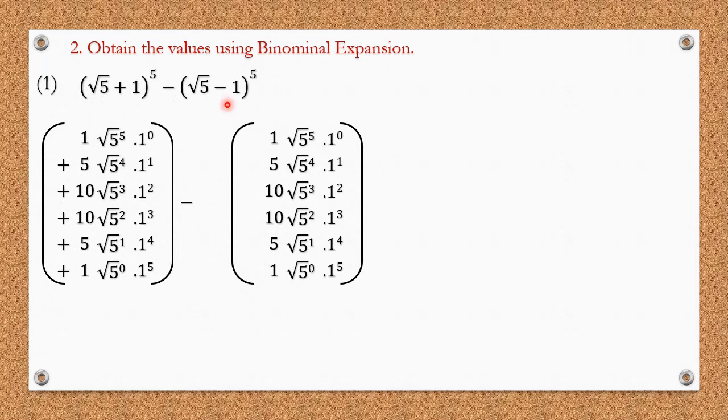Now, because between these two values a negative sign is there, the first will be positive and then alternately negative, positive, negative, positive, negative. Now this is the completion of the expansion of both the terms, but because there is this negative sign in between, our rule is that whenever there is a negative sign in between, we inverse these signs.